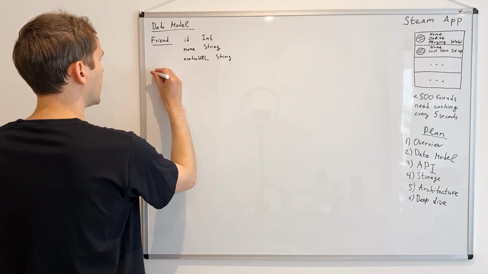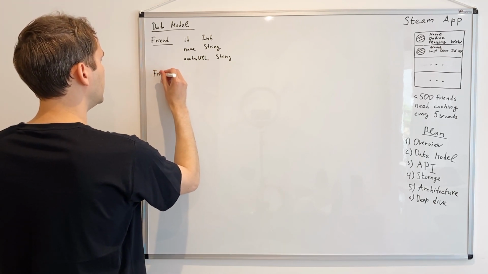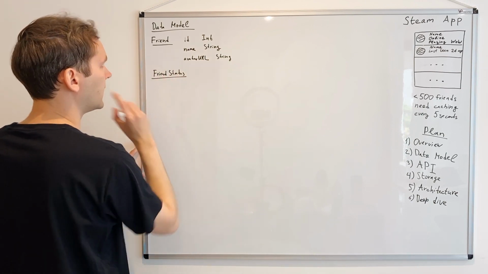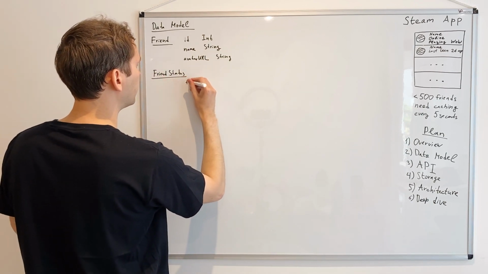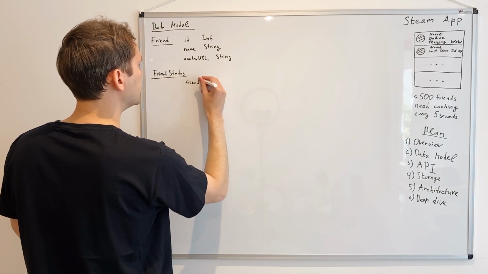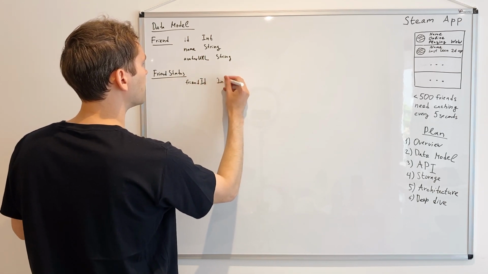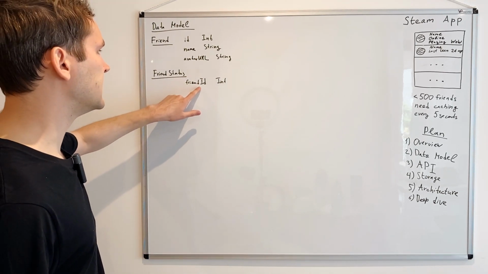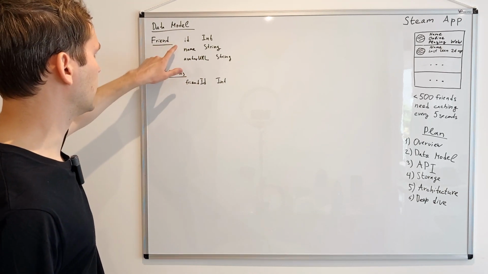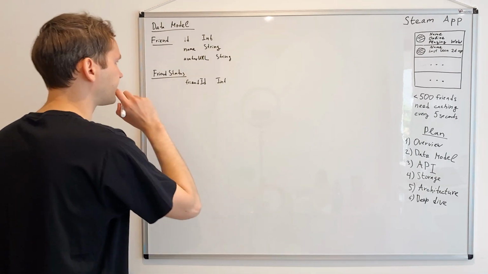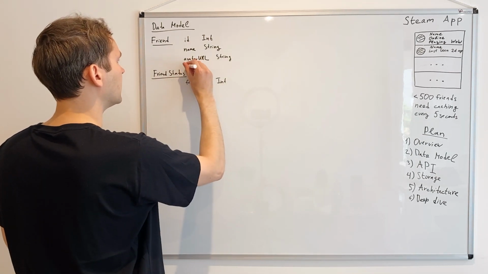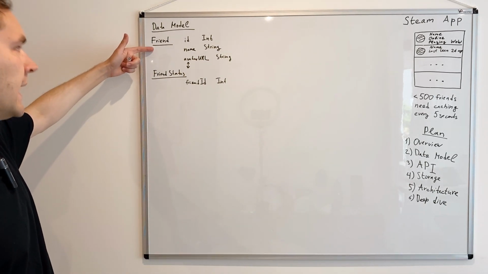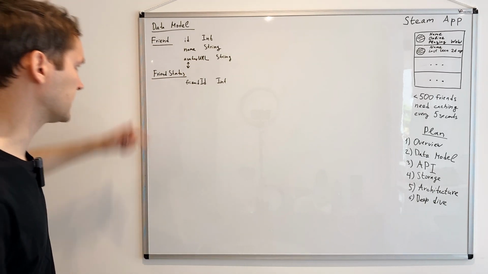And second entity would be friend status. Here we would need to have a friend ID, let's say an integer. We need this ID to match this entity to the friend one, and between them we will have a one-to-one relationship, which means that for each friend we will have only one friend status.